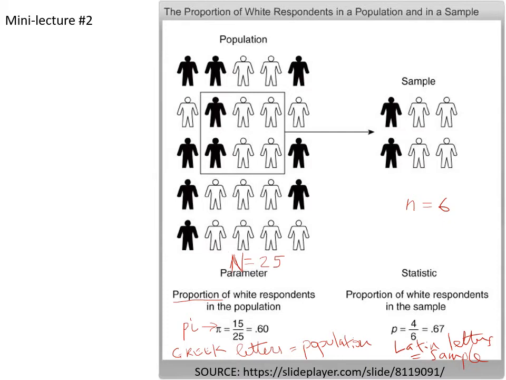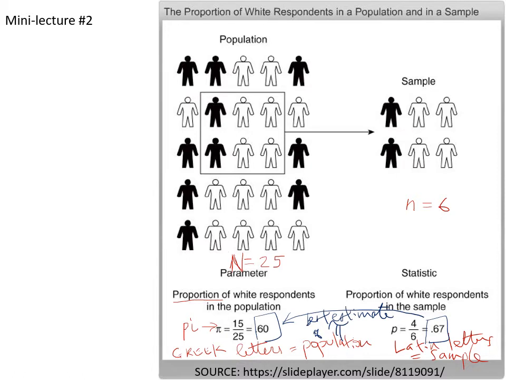So 2/3, which is relatively close to this value. So 0.67 is our best estimate of, in this case, pi, this proportion.